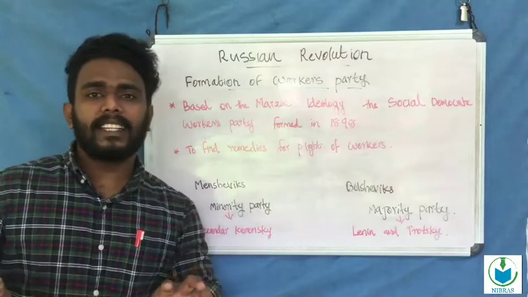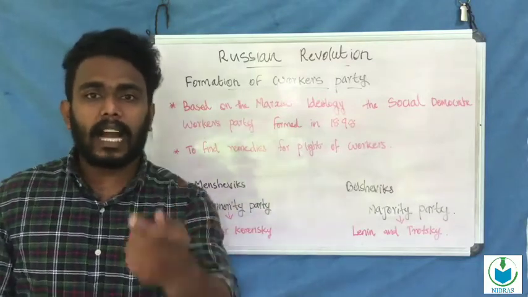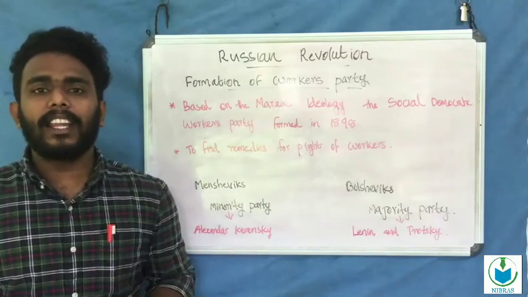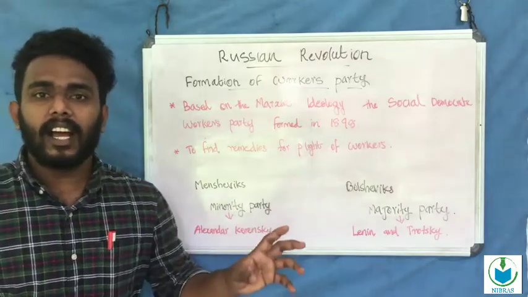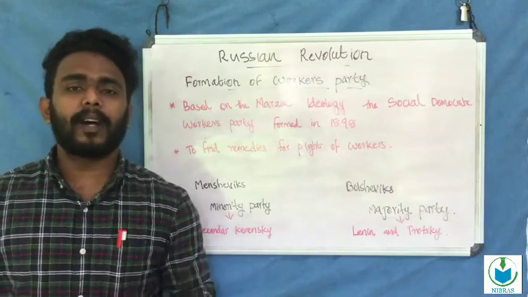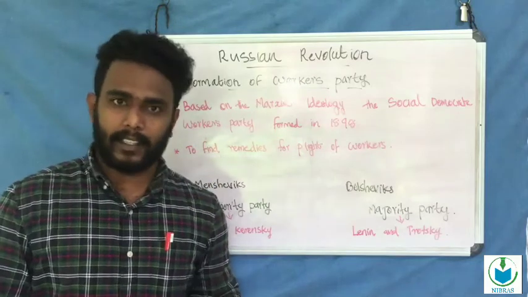We discussed the Marxist ideology, formulated by Karl Marx and Friedrich Engels. On the basis of this ideology, some leaders in Russia formed a party. The name of the party was the Social Democratic Workers Party.